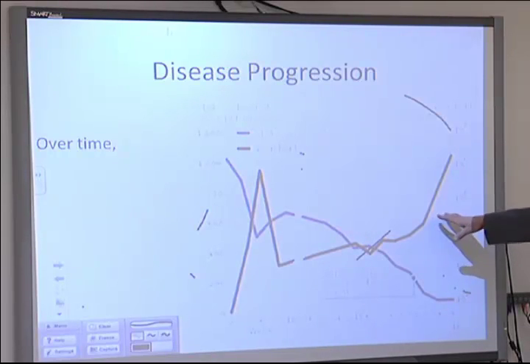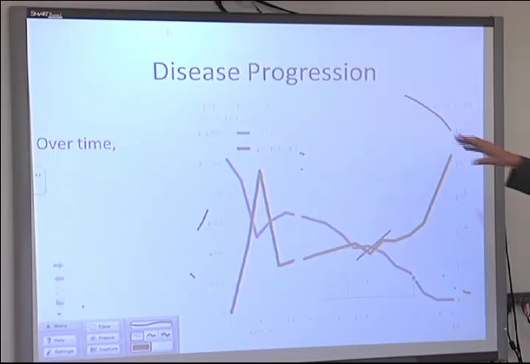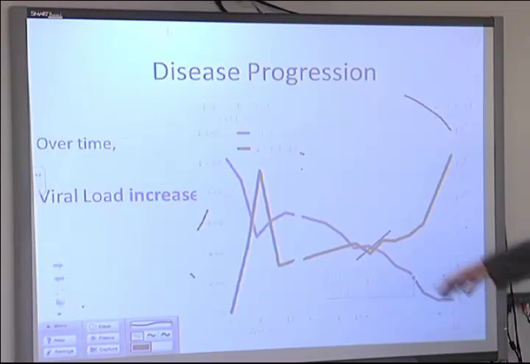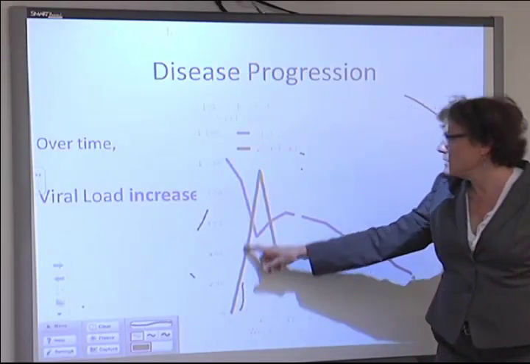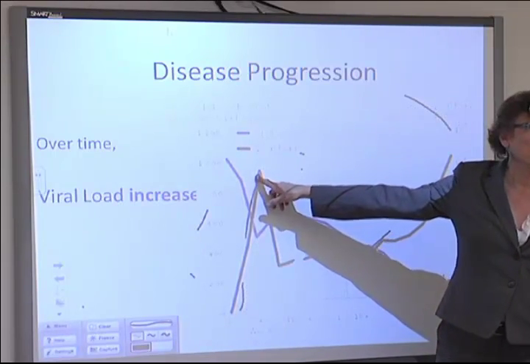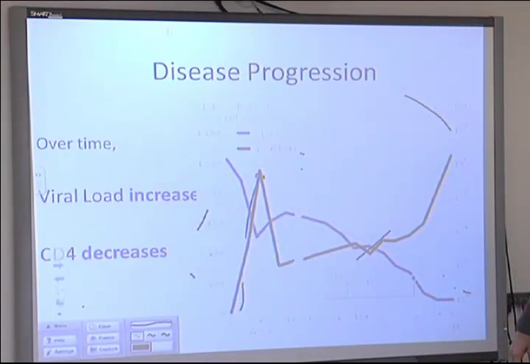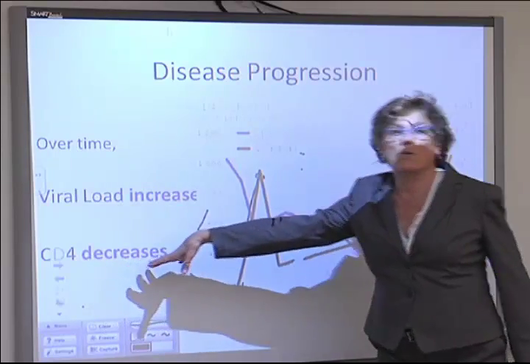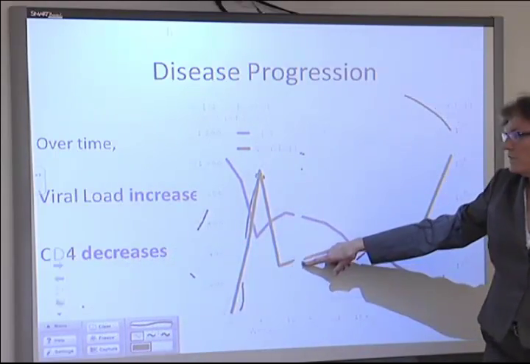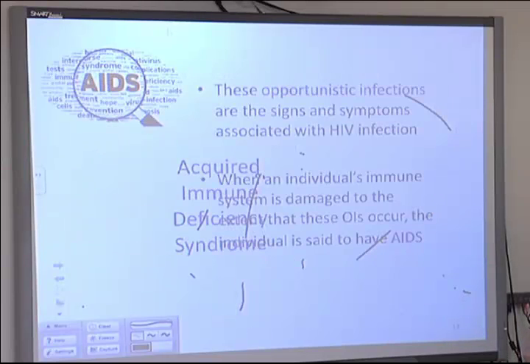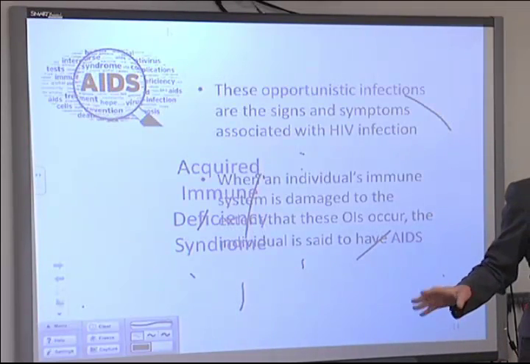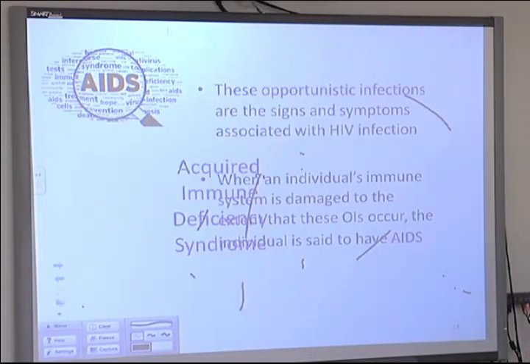So this slide didn't come out totally clear, but over time, the viral load in a client that has HIV will increase. The CD4 or T cells decrease. And because they decrease, the client's immune system is so weakened.